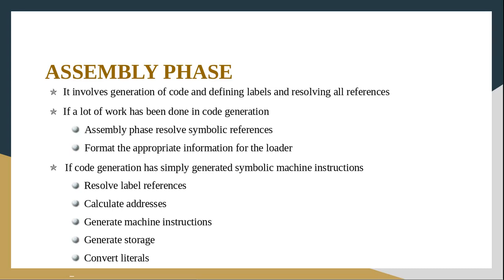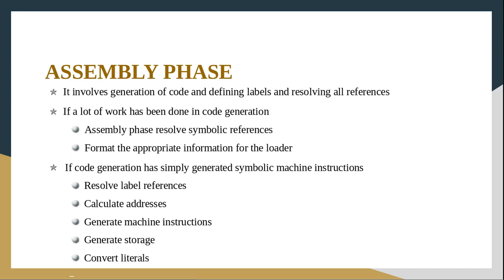The task of the assembly phase actually depends upon how much task is done by the code generation phase. In general, it involves generation of machine code and defining labels. If we have used any labels or symbols in our program, we have to resolve all those symbolic references.